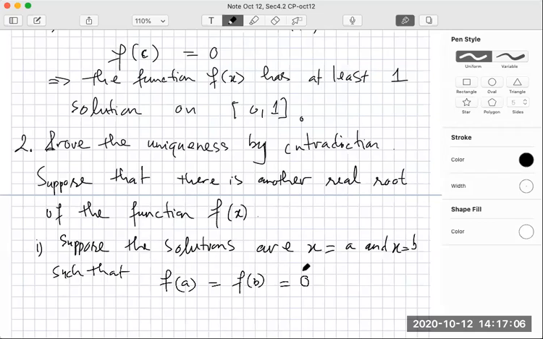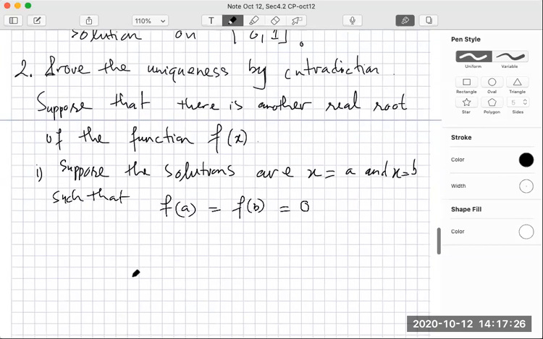So the function f is continuous. It is differentiable from A to B, over all of the domain. And now the two values f(A) and f(B) are equal to each other. Therefore, we can apply Rolle's theorem.